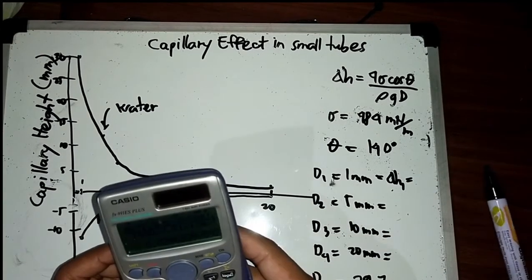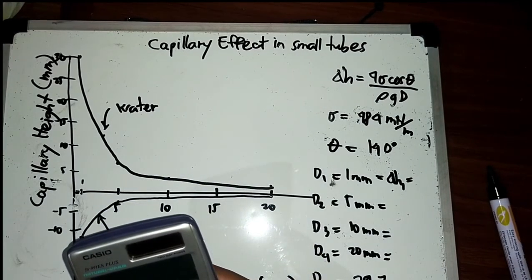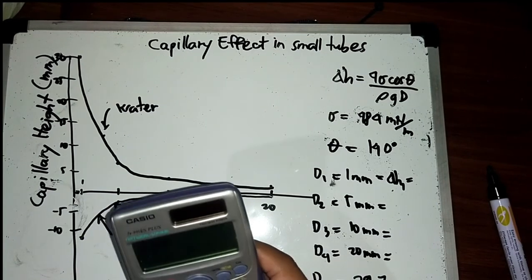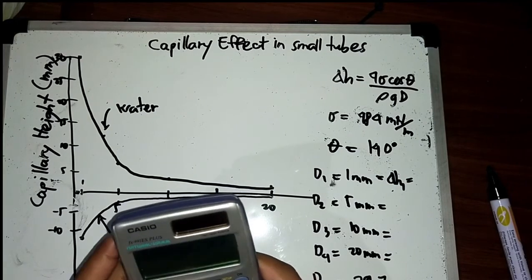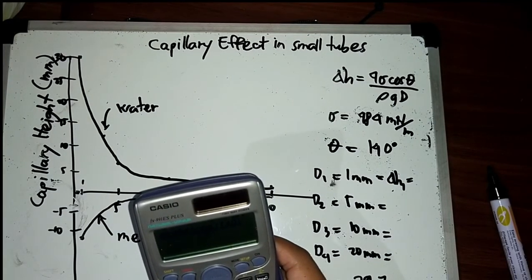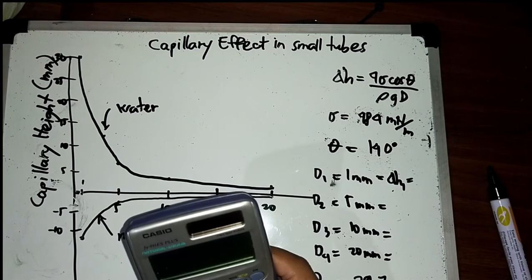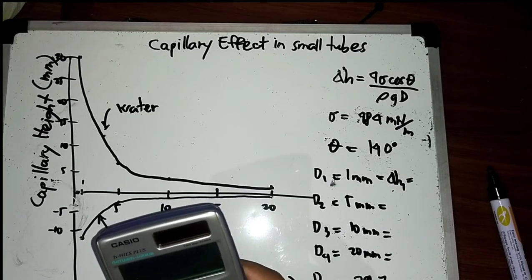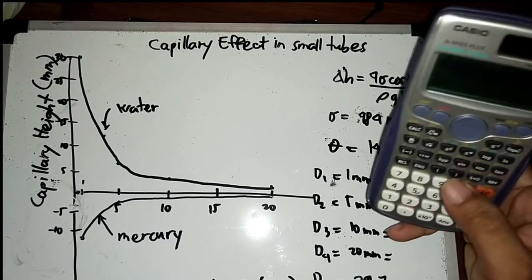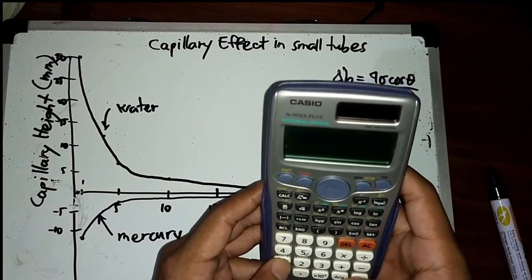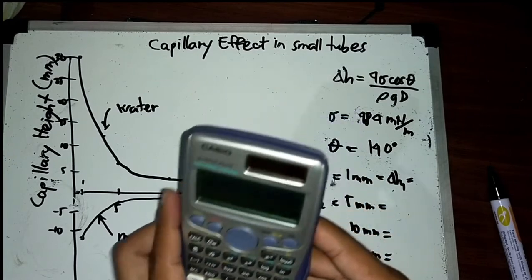So we will have 4 times the surface tension value of mercury, 484, times cosine 140 degrees, divided by 13,600, the density of mercury, times 9.81 times the elevation delta H, 1 times 10 to the negative 3, which is equal to negative 11.11.